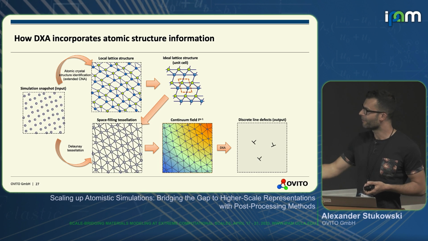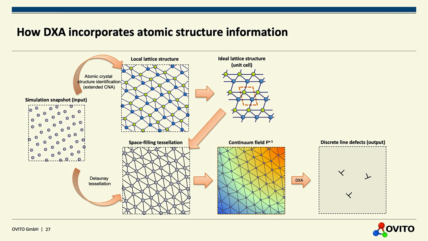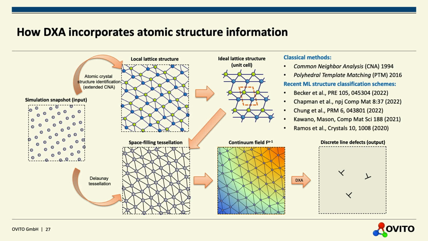Notably, all these steps happen basically independently from the underlying atomistic information. So in principle, we can replace or plug in other methods at this step. So far we are using common neighbor analysis and polyhedral template matching for that.